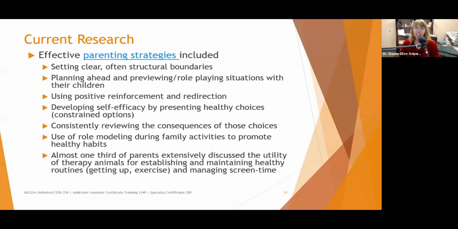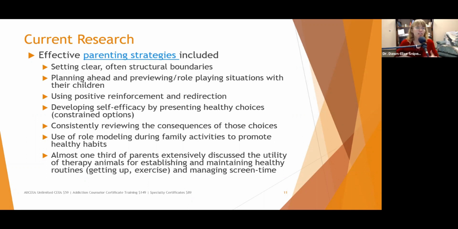Effective parenting strategies include setting clear, often structural boundaries, which means visual: setting up charts, setting up stop signs, anything that's visual that can cue the person in. Planning ahead and previewing or role-playing situations before they happen, that way the person knows what to expect.